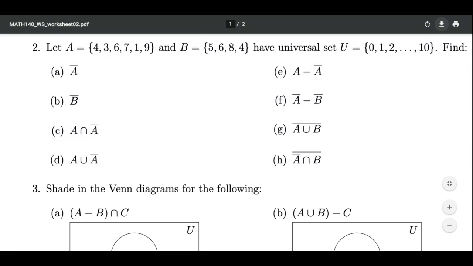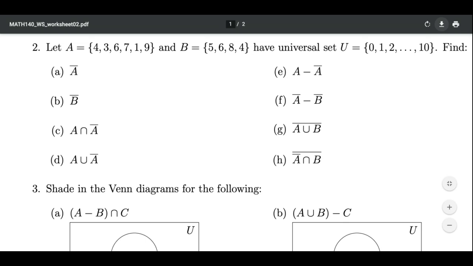I agree with you. And B, complement of B means the elements in U but not in B. So that would be 0, 1, 2, 3, 7, 9, 10. Yeah, I agree with you. So A bar means A complement.